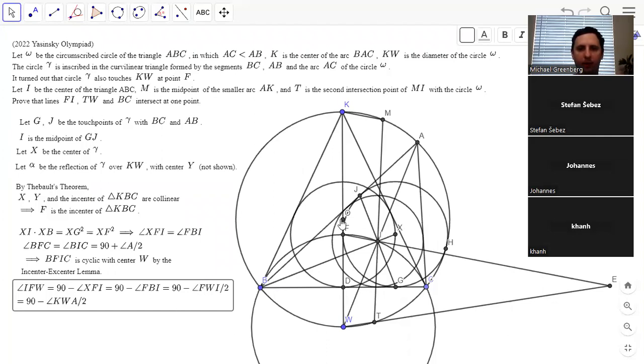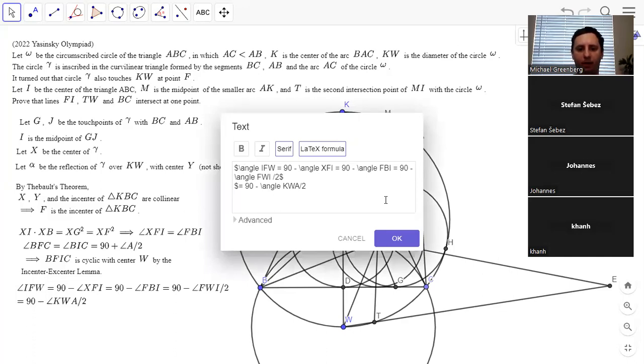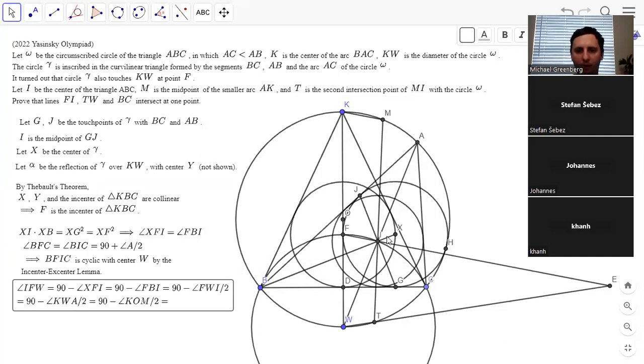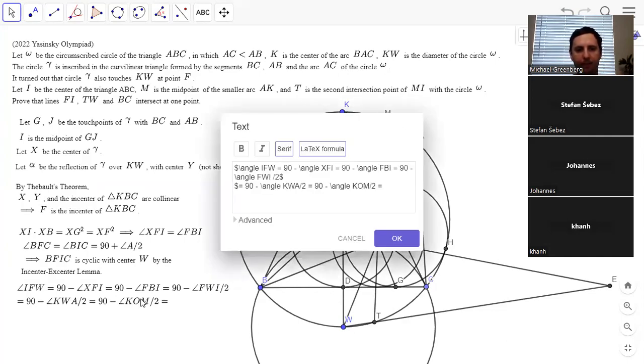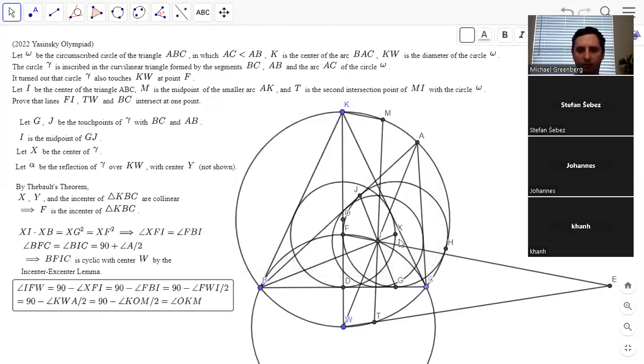So KWA is the same as KOM. So this is 90 minus KOM over 2. Oh yeah. And that is angle OKM. And that means that KM is parallel to IF.